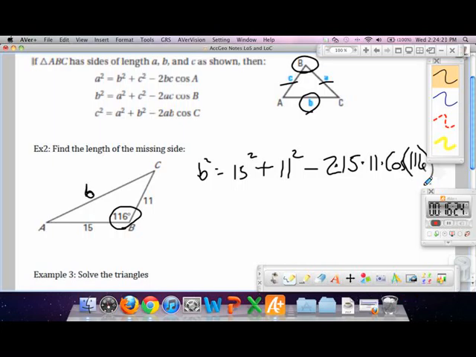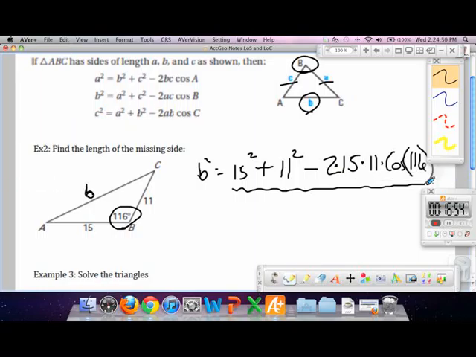15 squared plus 11 squared minus 2 times 15 times 11 times cosine 160. I got a negative.